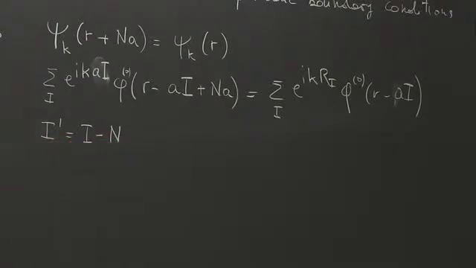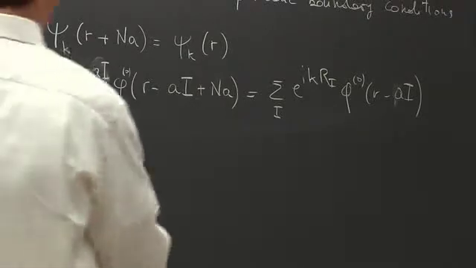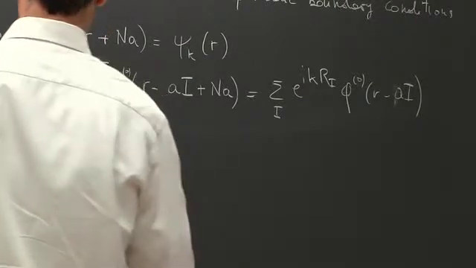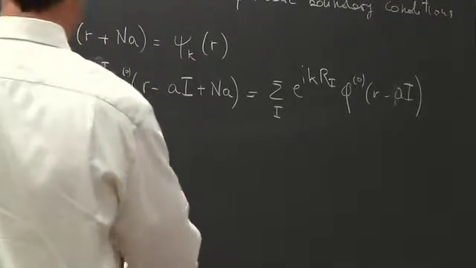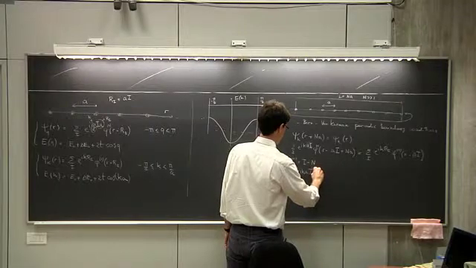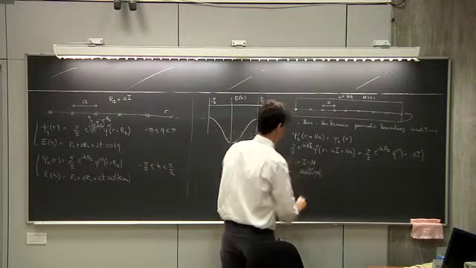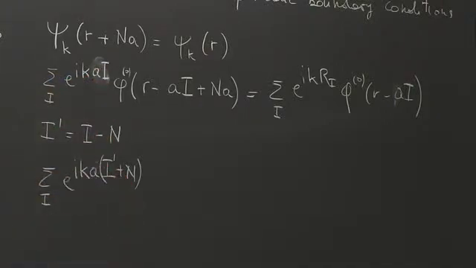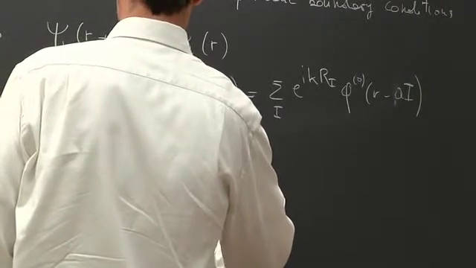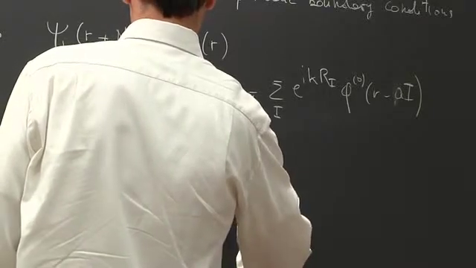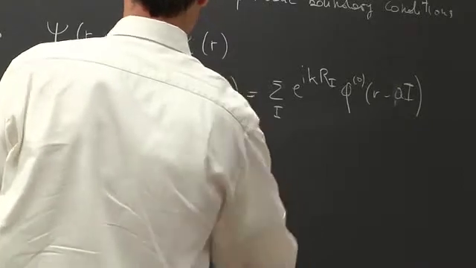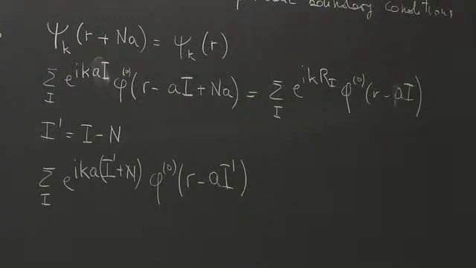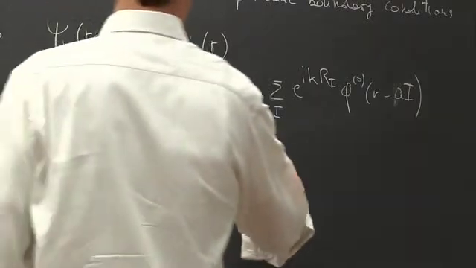Let me define i prime equal to i minus N. Sum over i of e to the i k a_i prime plus N, right? i is equal to i prime plus N, phi_0 of r minus a_i prime.